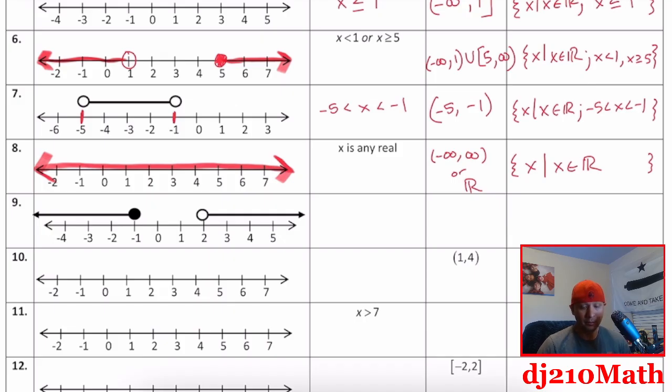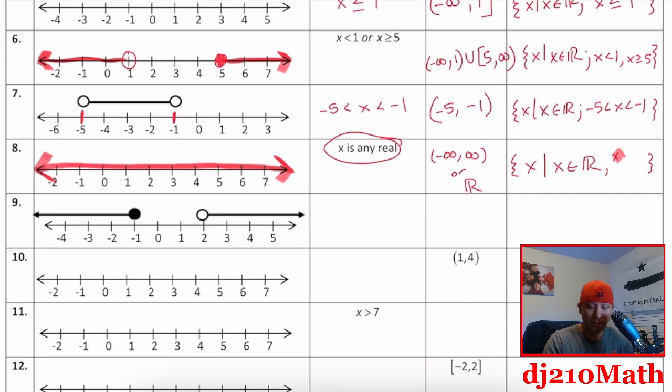Because x is a real number and it could be any number. So there's really nothing else to put. I mean, if you wanted, I guess you could write this. x is any real number. But I feel like that's a little overkill, right? Because I feel like we're already saying it, right?